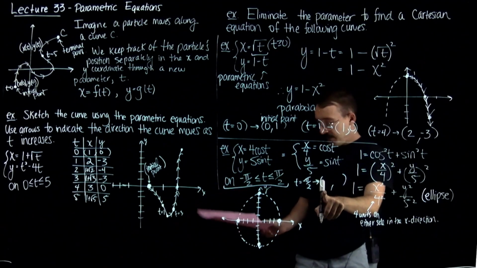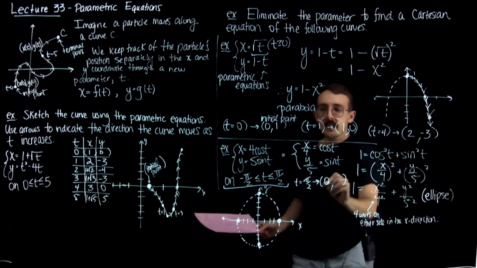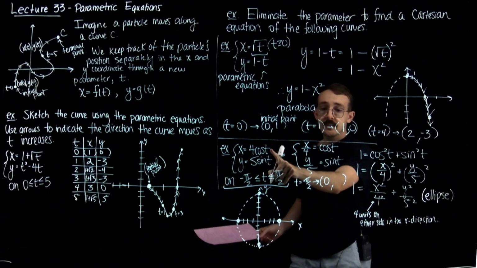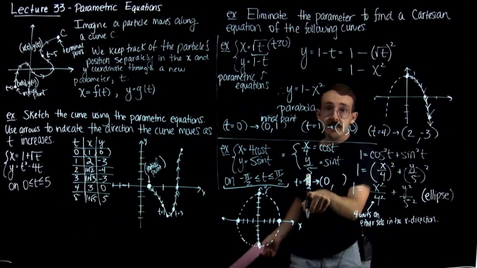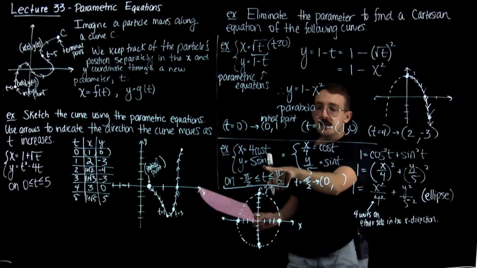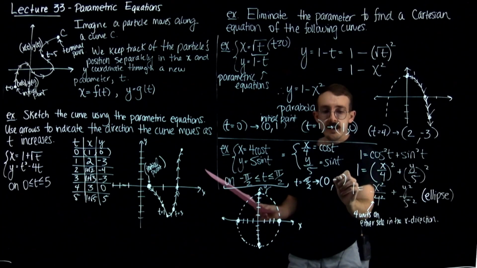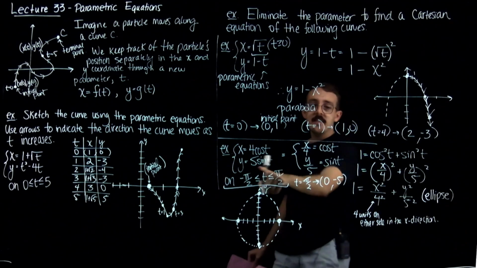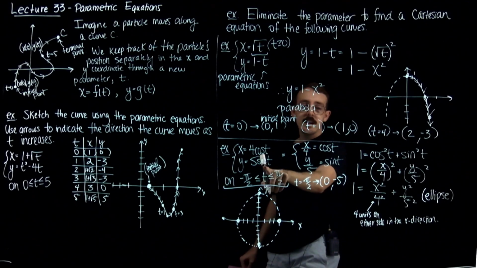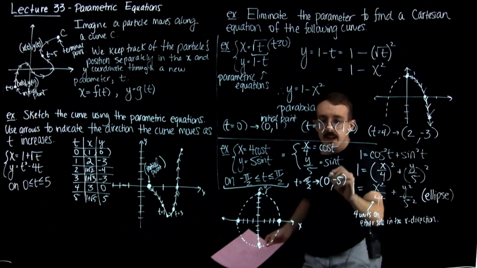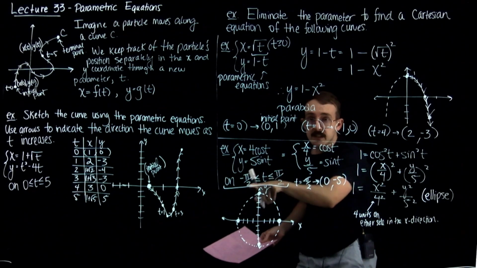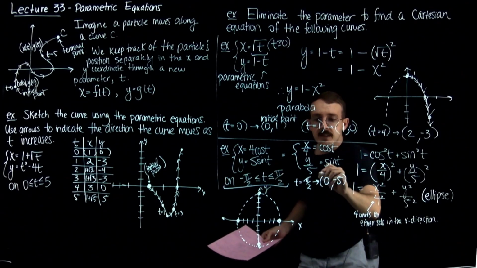When we have negative pi over 2, you get the point 0 for x, because remember, cosine of negative pi over 2 is 0. And then for sine, we're going to get negative 5. We have 5 times, and if you plug in this, you get negative 1. So this right here, because it's the least value I'm given for the parameter t, is our initial point.